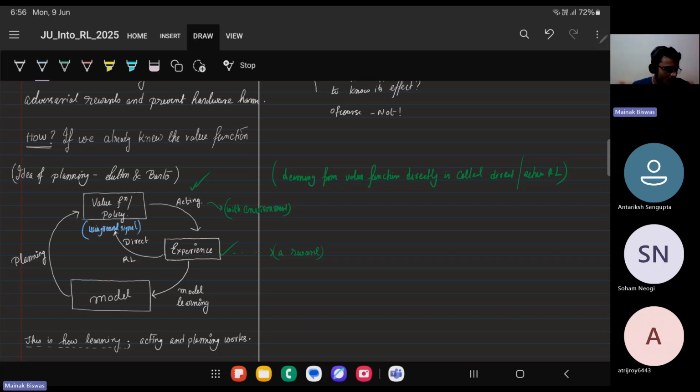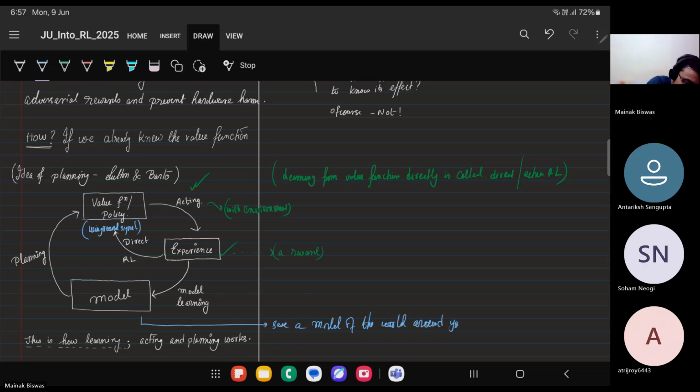And once you have this experience, not only your current experience but also accumulated experience can be used to save a model of the world around you. Without taking an action, you never know what's going to happen.